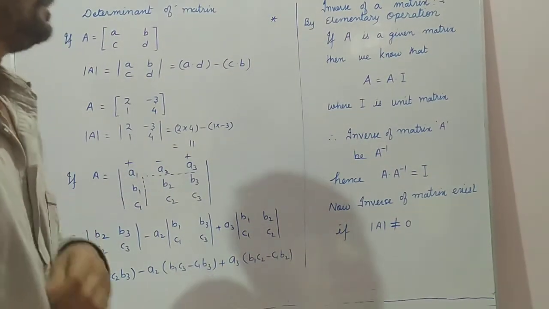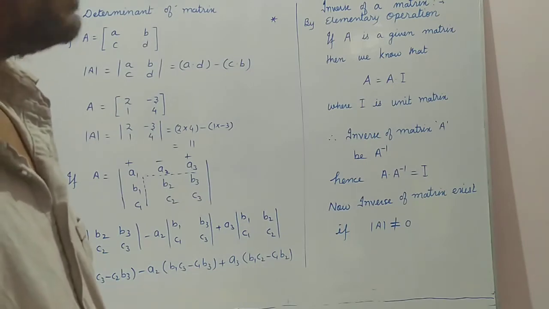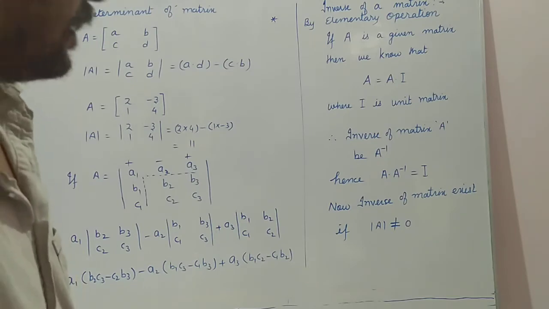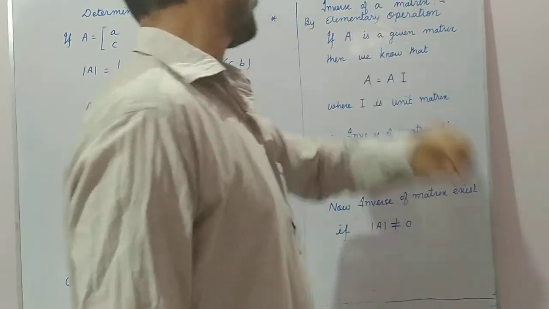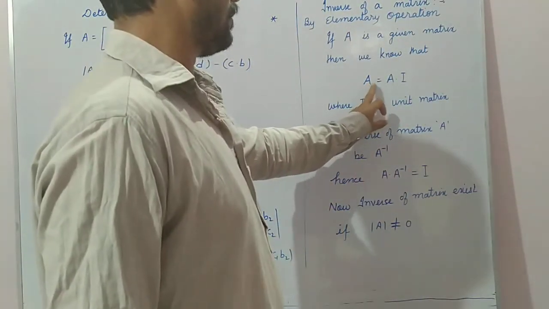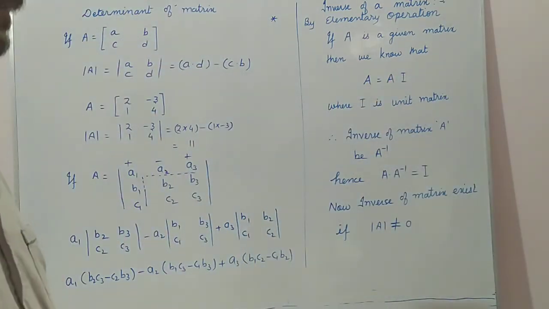So, today we will start with the determination of the inverse of a matrix by using elementary operations. Now, we know that if A is a given matrix, then matrix A can also be written as A into I, where I is what? Unit matrix.